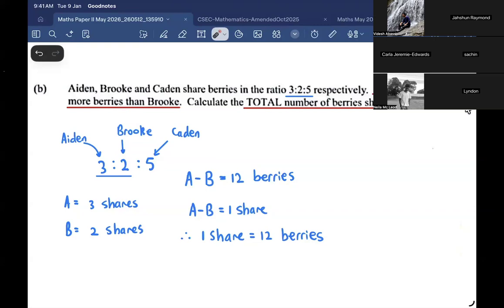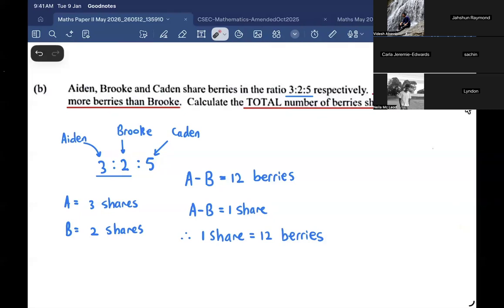Right? How many shares does Brooke get? 2. And how many shares does Kaden get? 5. Good. And how much is one share? 12 berries, right? So think to yourself, Carla, how could we find the total number of berries if we know what one share is?